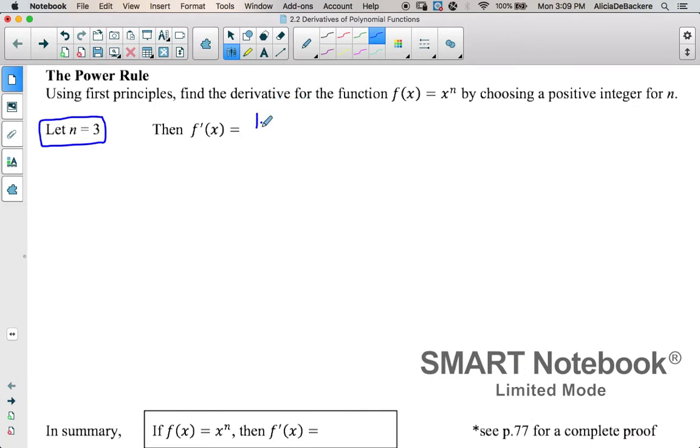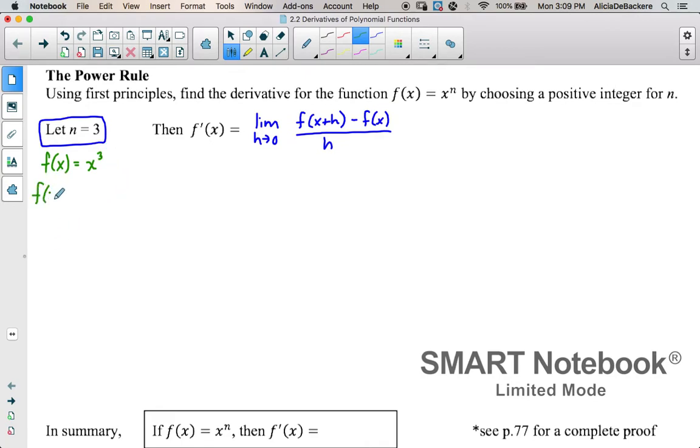So again, I'm going to be using first principles. And again, we are choosing n equals 3, so that means that my function is now x to the power of 3.